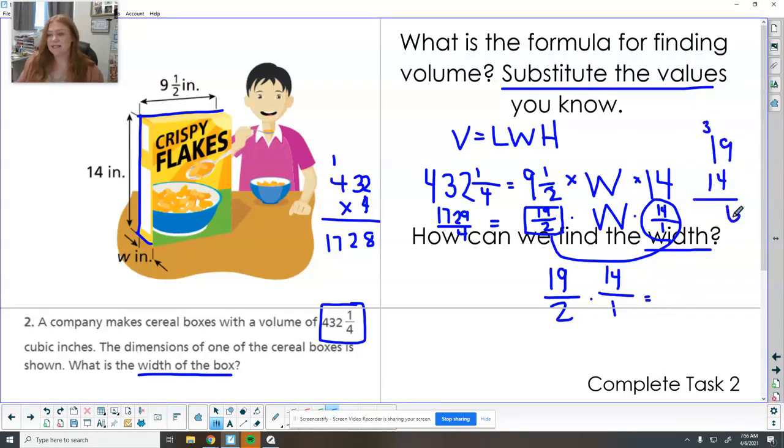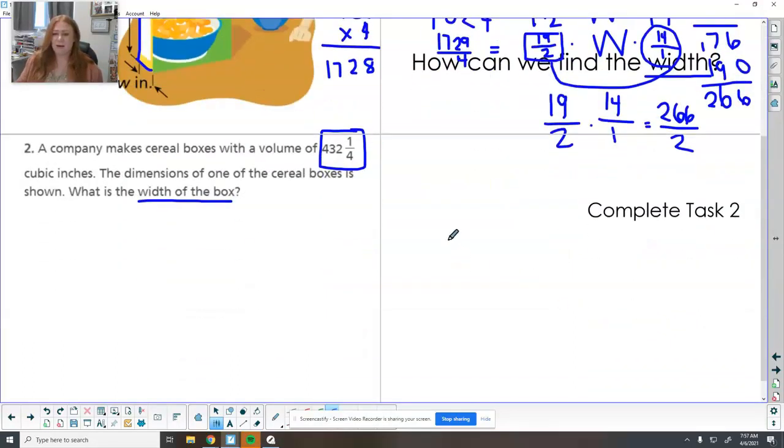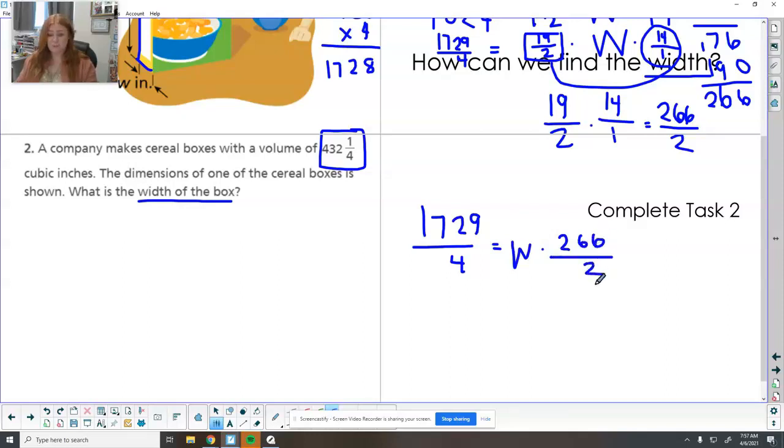So 19 times 14 gives us 266. So we've got 266 over 2. So our problem now looks like 1,729 over 4 equals W times 266 over 2.